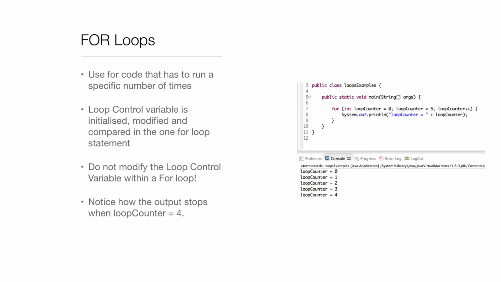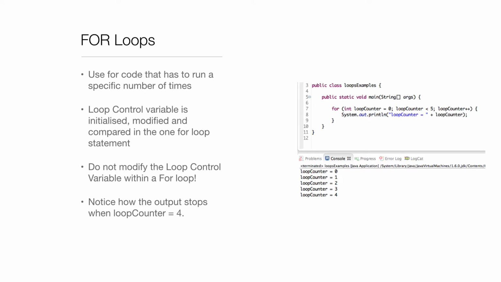Same as an if statement, the loop will keep running when that equates to true. So as long as loop counter stays less than 5, this loop will continue. And the last section, after the semicolon, loop counter plus plus, is the modifying section, where it modifies the loop variable, or the loop control variable.